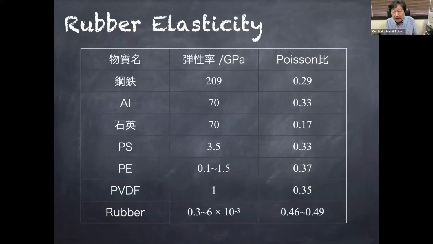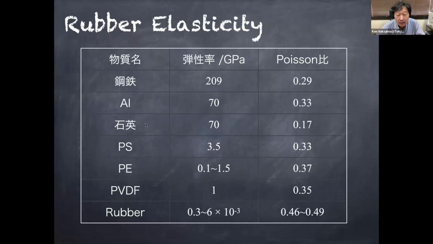Now you can look at the table comparing the modulus values and Poisson's ratio for different materials. For example, steel, of course, is very hard. It's not in the megapascal level, but 1,000 times larger, multiplied by 200, so it's quite hard: 200 gigapascal.